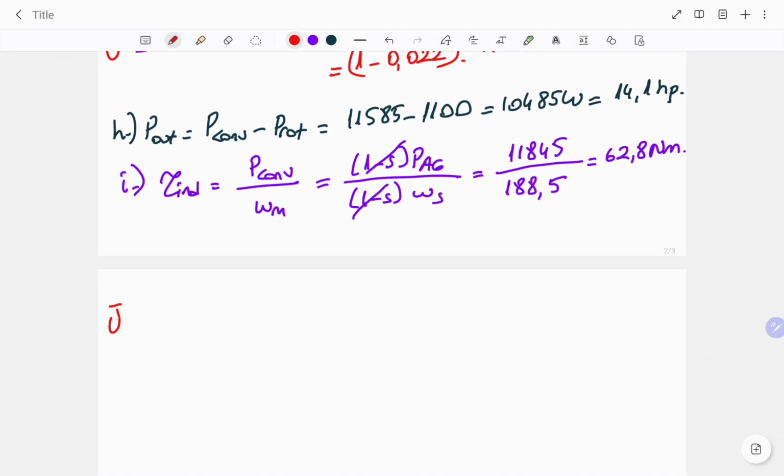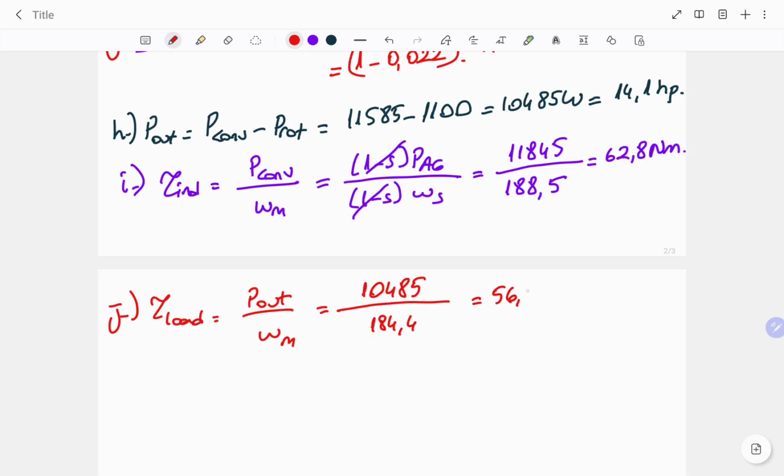Similarly, the load torque, output torque, or shaft torque of the machine can be calculated with the output power and the Wm. According to our calculations, output power is 10,485 watts, and the Wm, which is the motor speed in radian per second, is equal to 184.4 radian per second. So 56.9 Newton meter can be used at the shaft.